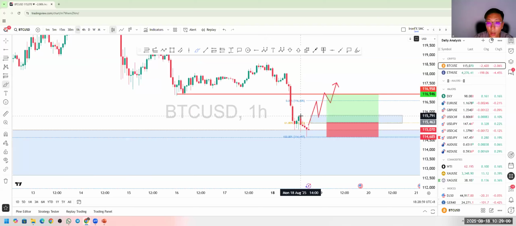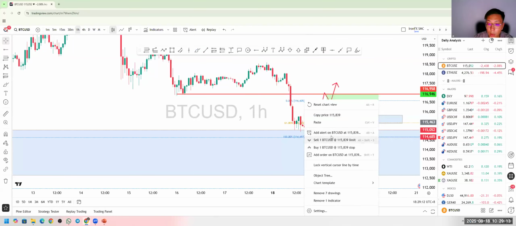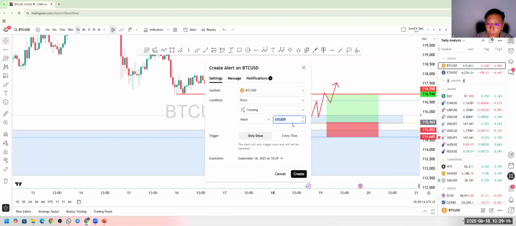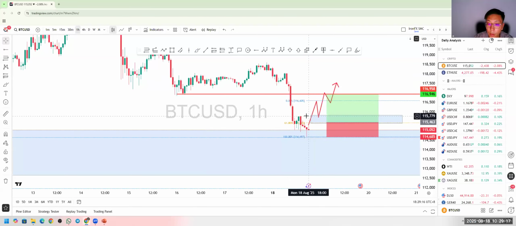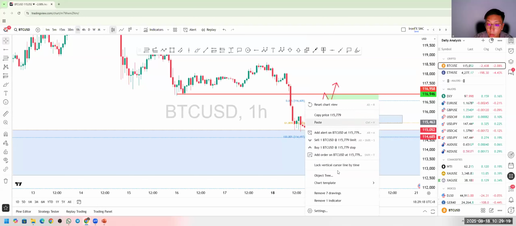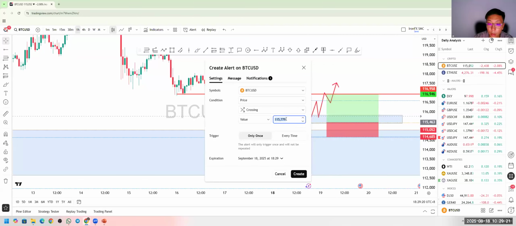I'm sure that if you guys use TradingView, there is this plus sign here, which is like an add alert button. So you can add alert here, or you can just do it manually. Add alert on BTC. Yeah, you can just add it right about here. Add alert.